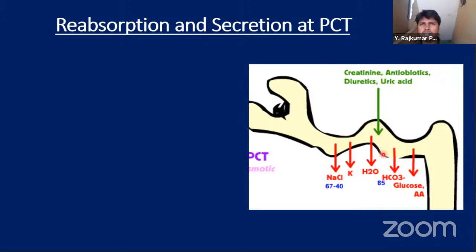That which goes into the renal tubule are called secreted substances. And in the red color, the substances shown are reabsorbed: NaCl, K, and H2O, which is the water, HCO3, glucose, and amino acids.